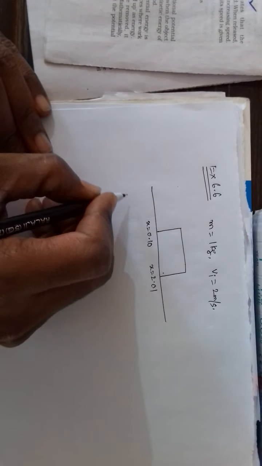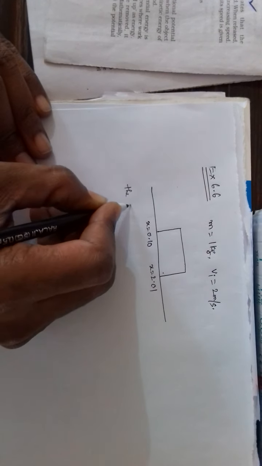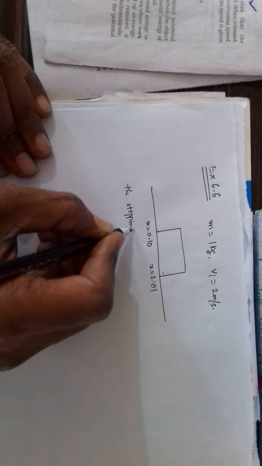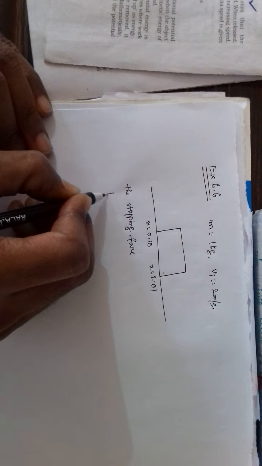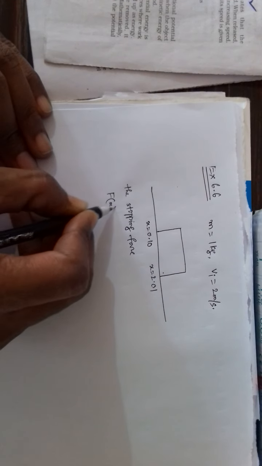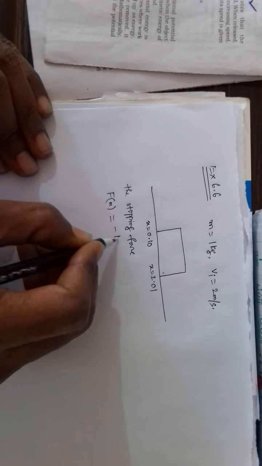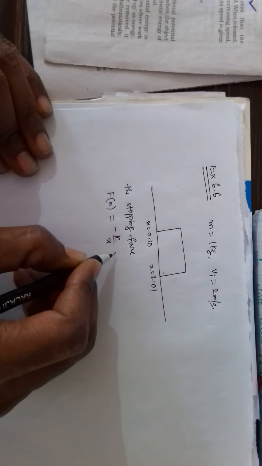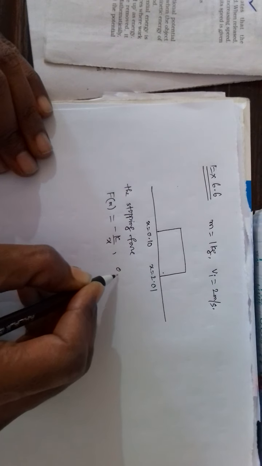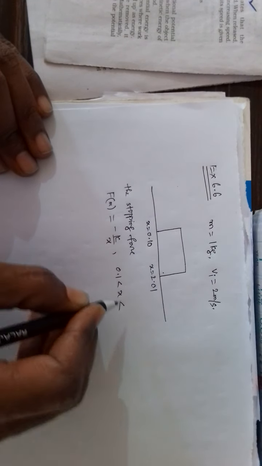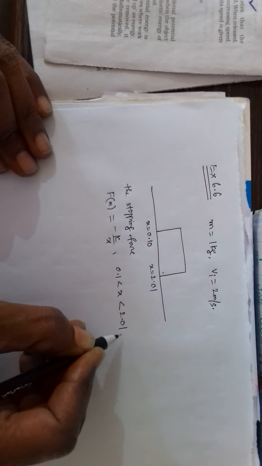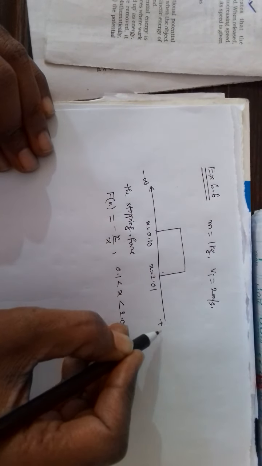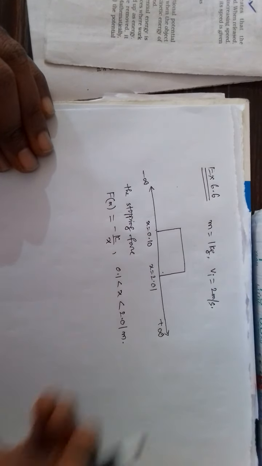See how the stopping force is defined. The stopping force is defined as minus k by x, from 0.1 to 2.01 meter. That is from here to here. Suppose here minus infinity, here plus infinity.